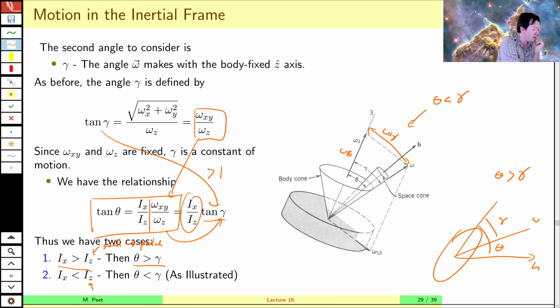Whereas if Iz is big, therefore oblate. So in an oblate object, as we have illustrated here, the angle to the angular momentum vector is going to be smaller than the angle to the angular velocity vector, and vice versa in the prolate case.